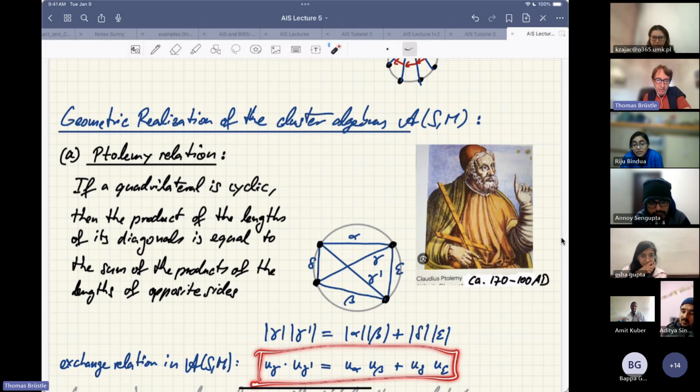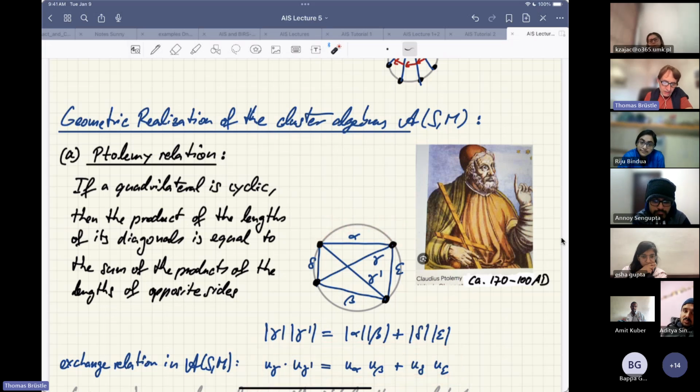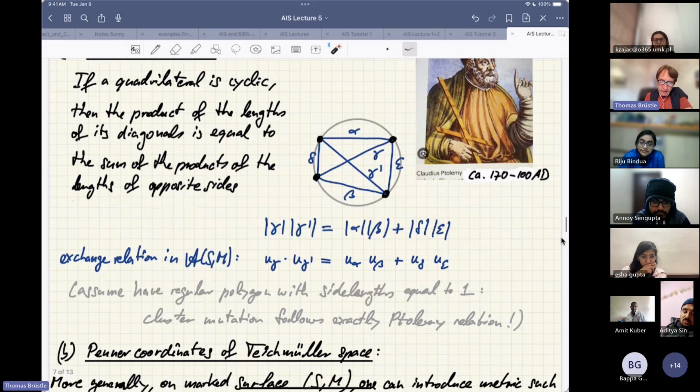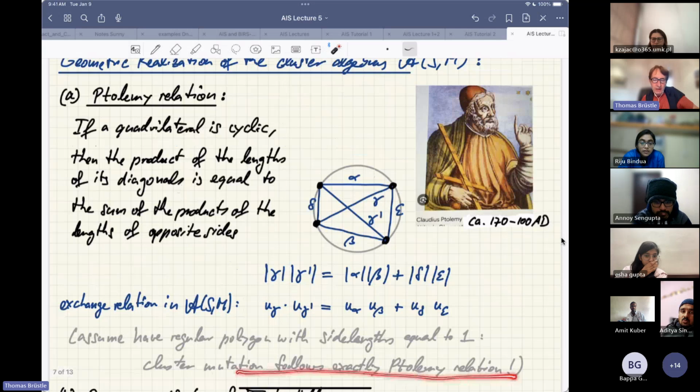And if you happen to have a polygon whose side lengths are unit lengths, lengths 1, then this is also correct if you include the boundary arcs. So the cluster mutation really follows the Ptolemy relation. So it kind of goes back 2000 years. I'm sorry, this is a bit of a joke, but it is true. I mean, that was maybe the first root of cluster algebras, if you allow me to say so. That's okay.